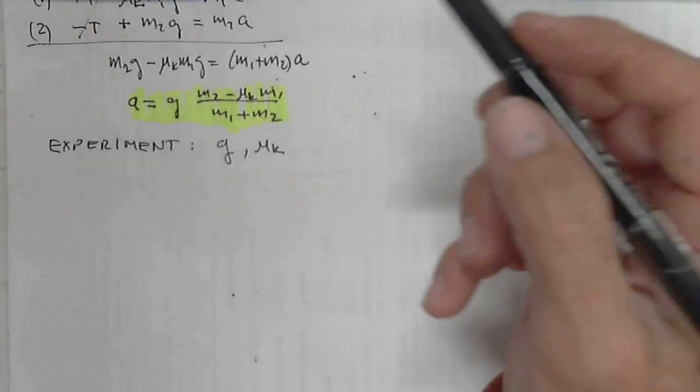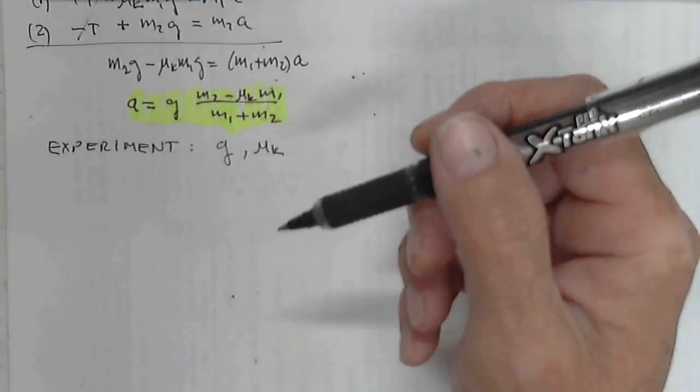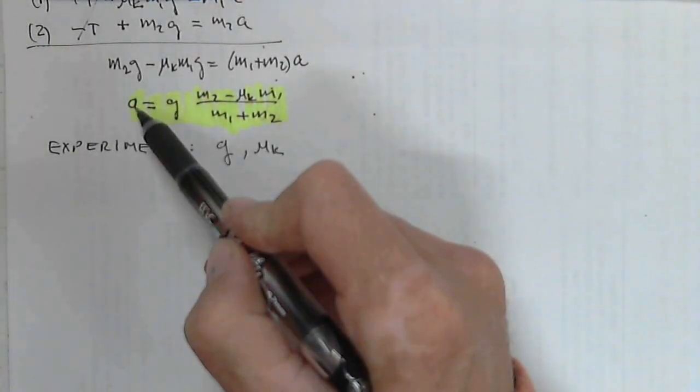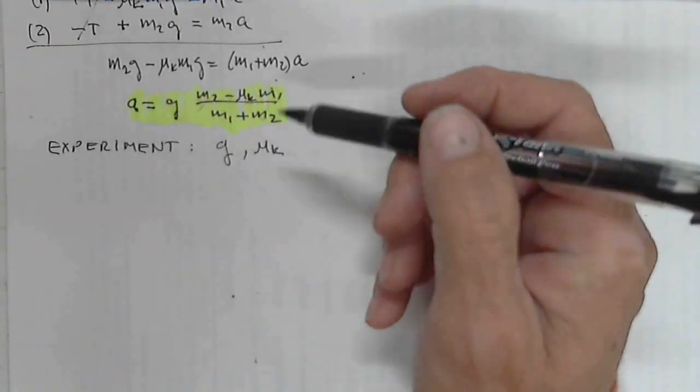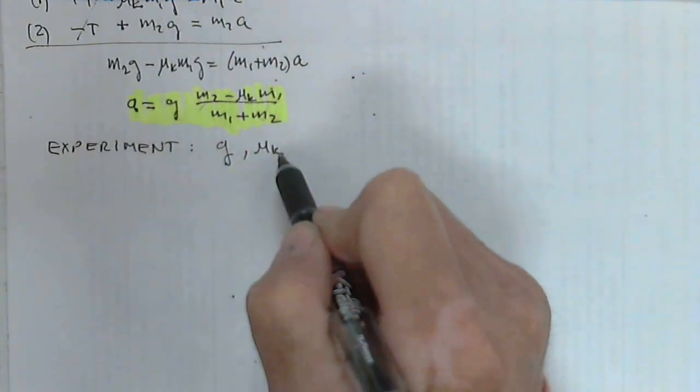So you need to manipulate this equation in such a way that if you measure the acceleration, obviously you can change the masses in order to find g and mu k.